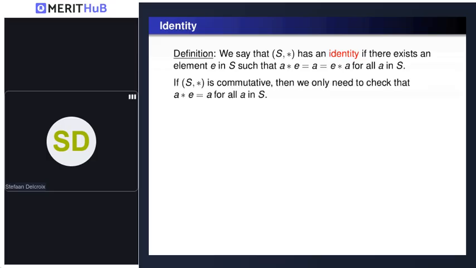Of course, if your operation is commutative to begin with, then you only need to check one direction, because then A star E is E star A. Very important, the identity must be in your set. That's why identities are not inherited.